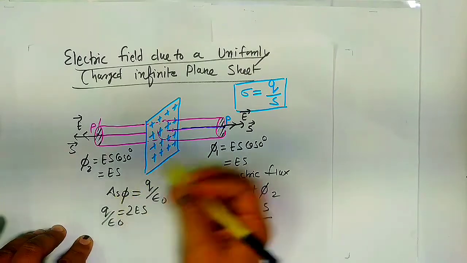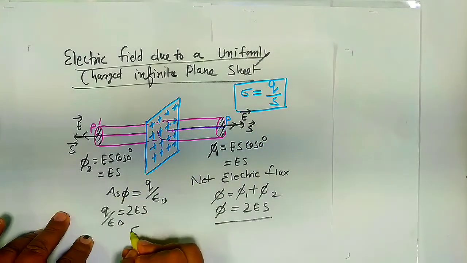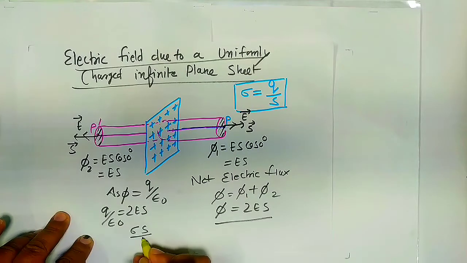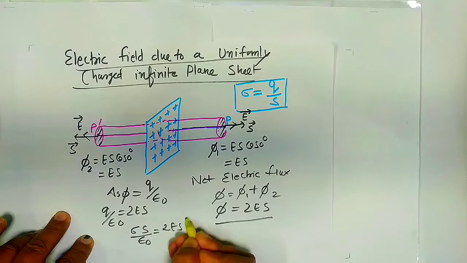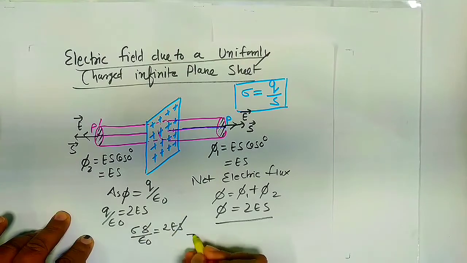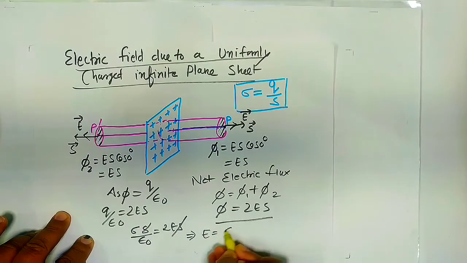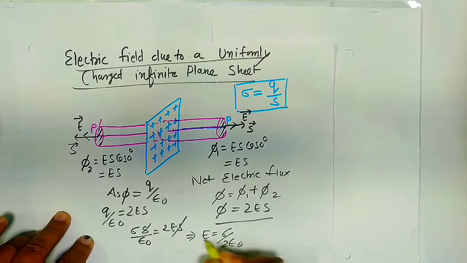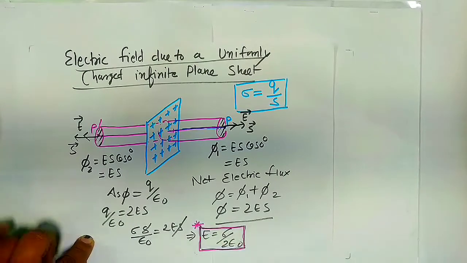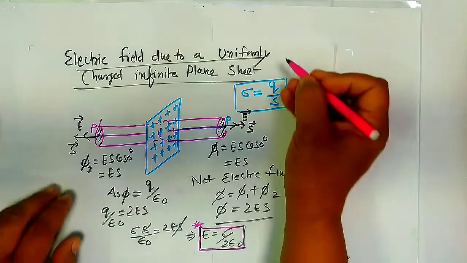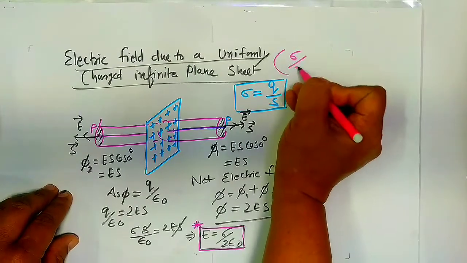In place of Q, we write sigma S, so sigma S by epsilon naught equals 2ES, and then S cancels out. Finally, you get E equal to sigma by 2 epsilon naught. This is the electric field intensity due to the infinite plane sheet at any point: sigma by 2 epsilon naught.